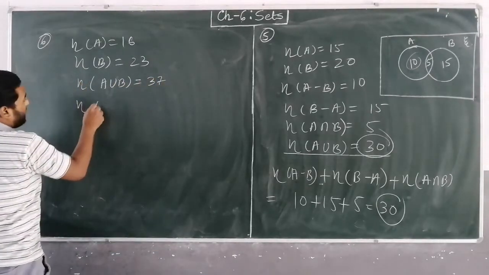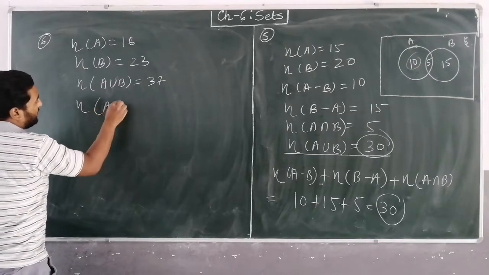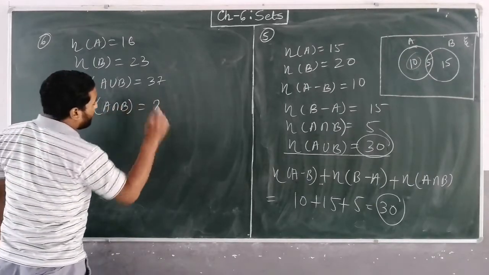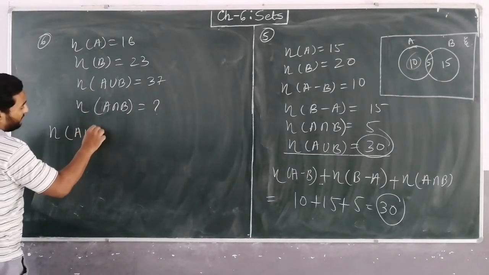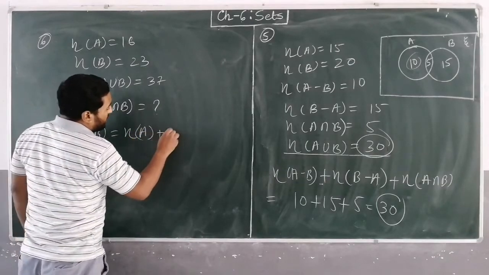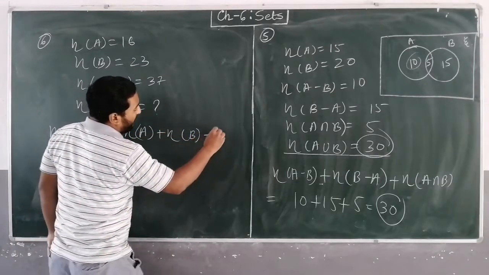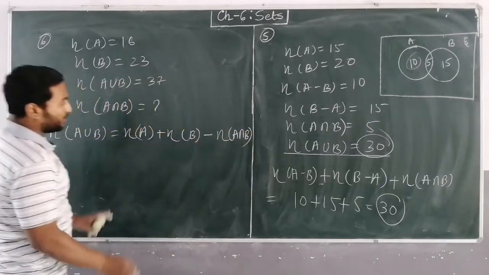You have to find cardinality of A intersection B. We know a relation: cardinality of A union B equals cardinality of A plus cardinality of B minus cardinality of A intersection B. That is the relation we know.